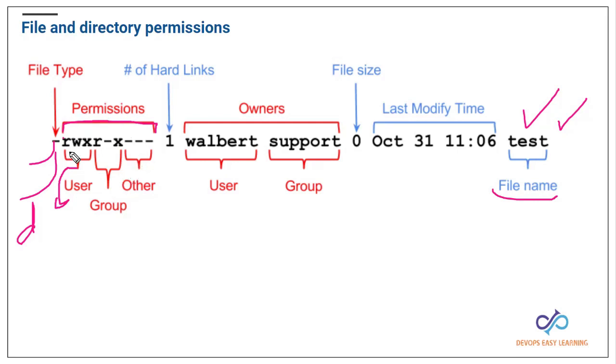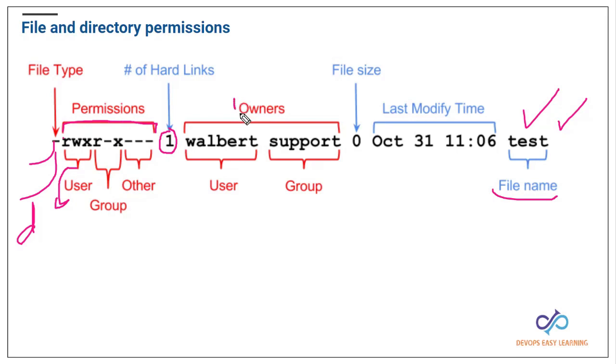We have three types of permission in Linux. The first one is read, another one is write, and another one is called execute. This one here is the number of hard links. Here is the owner of the file.